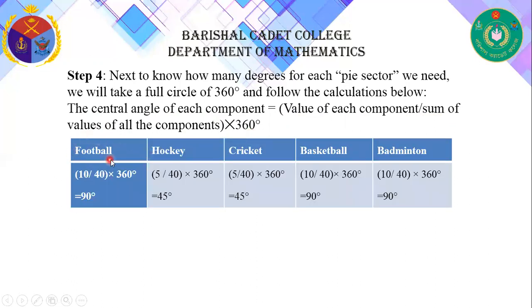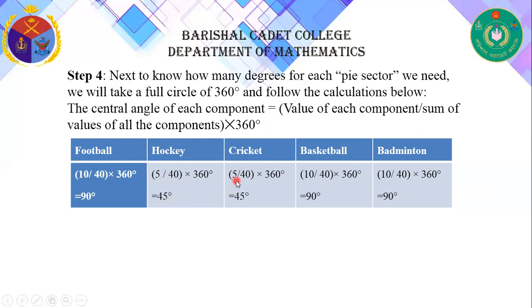That is for football, 10 divided by 40 into 360 degrees, 90 degrees. And 5 divided by 40, 5 is for 5 students and the total is 40. 5 divided by 40 into 360, that is 45 degrees.